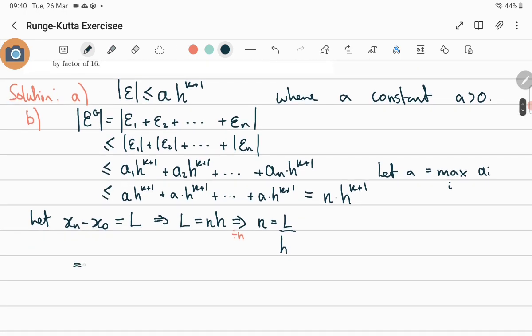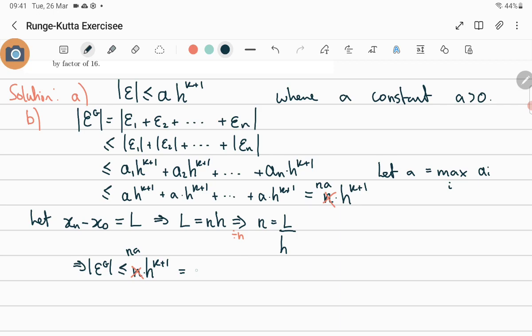And that means going up above, we have the absolute value of the global error, which is less than or equal to n times a times h to the power of k plus 1. Sorry, that a disappeared, so this should be n times a.